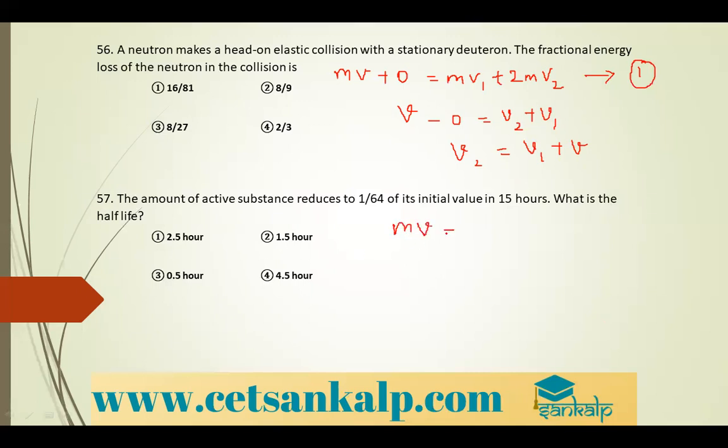mv is equal to mv1 plus 2mv1 plus 2mv, I am splitting it. So it becomes 3mv1 plus 2mv.